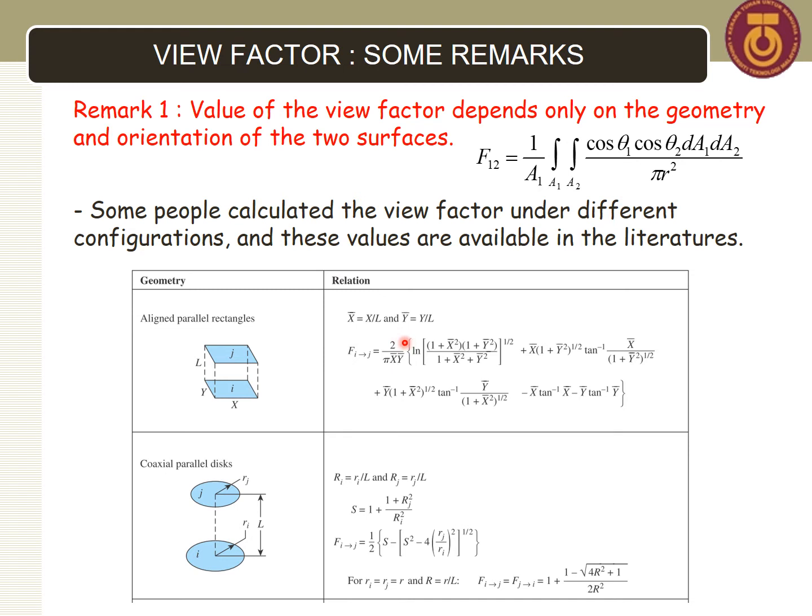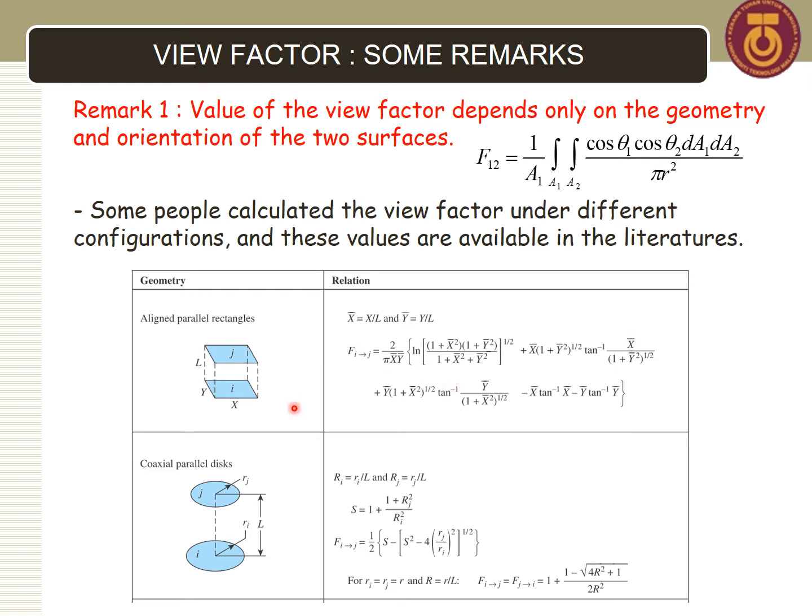Here in these slides, two examples are given. Number one is a parallel rectangle. So you have rectangle 1 and rectangle 2, i and j, parallel to one another. If you solve this double integral equation, this is what you will get: Fij, in our case F12, equals the whole thing.